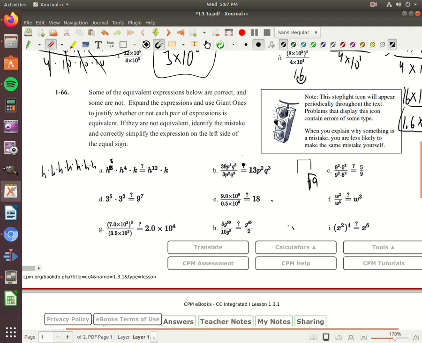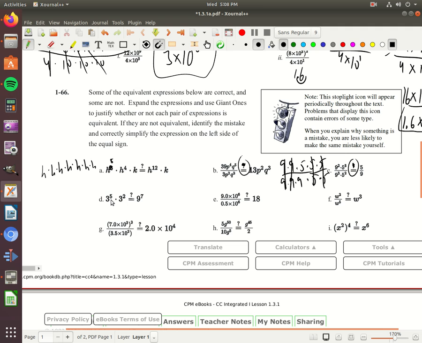I probably should have done the whole thing at once anyway to make it a little bit more clear. But on top, I have 2 nines and 3 fives. On bottom, I have 3 nines and 2 fives. And now I'm going to cancel out in giant ones what I can, and I'm left with 5 nines. So yeah, these are equal.